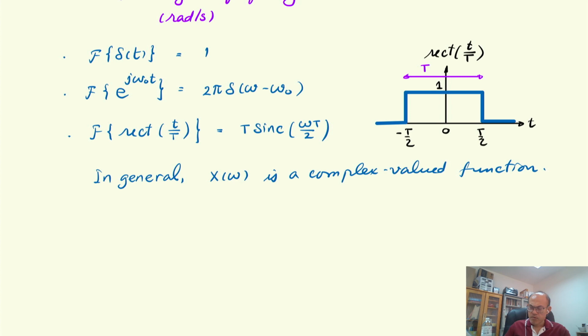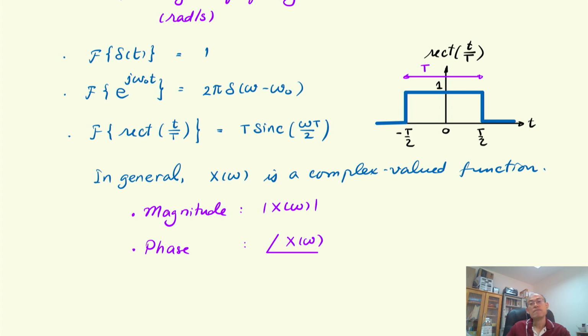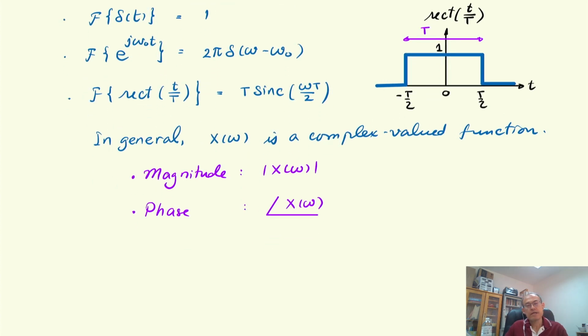Because it is a complex valued function, it has both magnitude and phase. So the magnitude is denoted by the absolute value of X of omega, and the phase is denoted by this symbol.